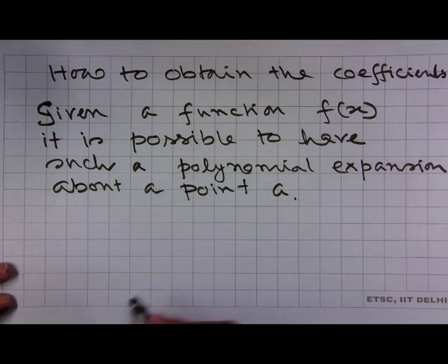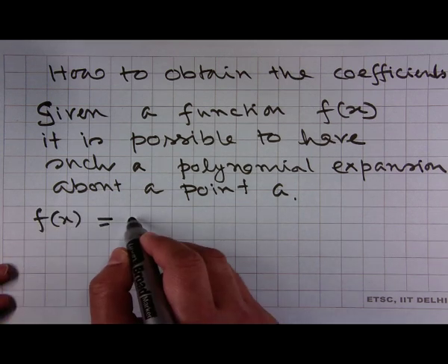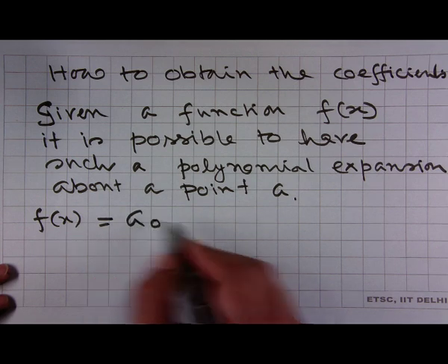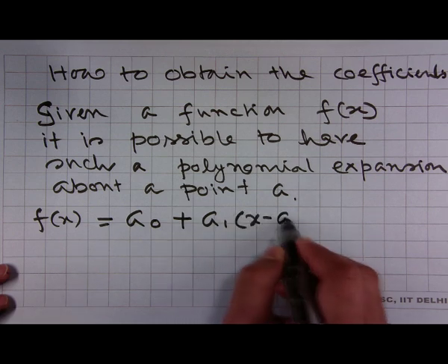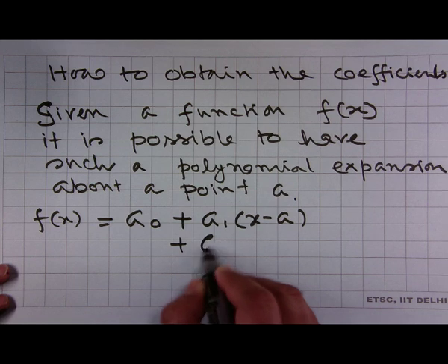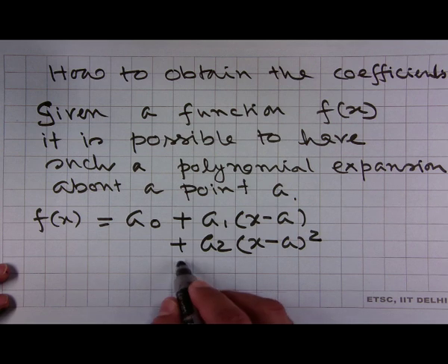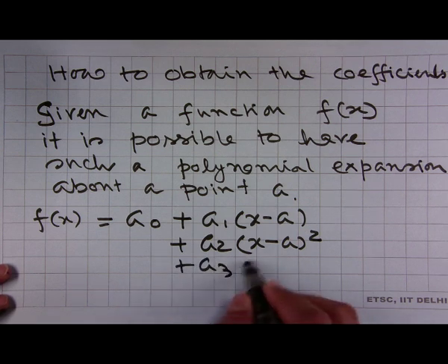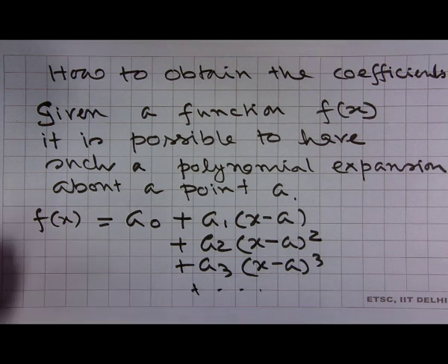So, let us write f of x is equal to a 0 plus a 1 into x minus a plus a 2 into x minus a whole square plus a 3 into x minus a whole cube, etc.